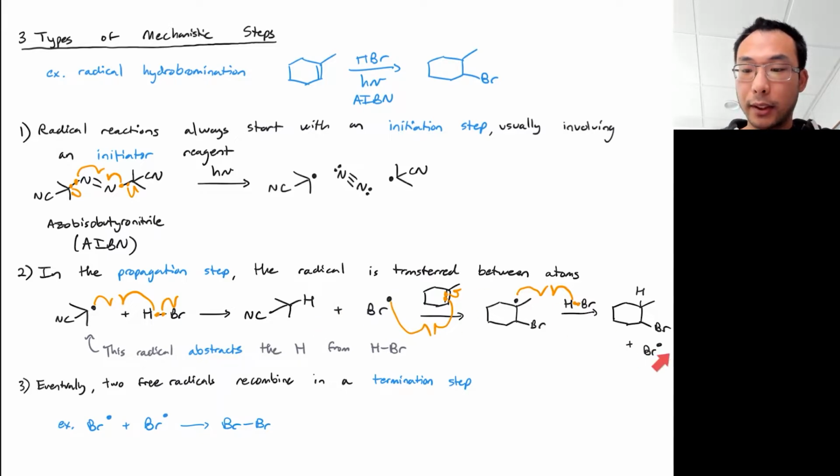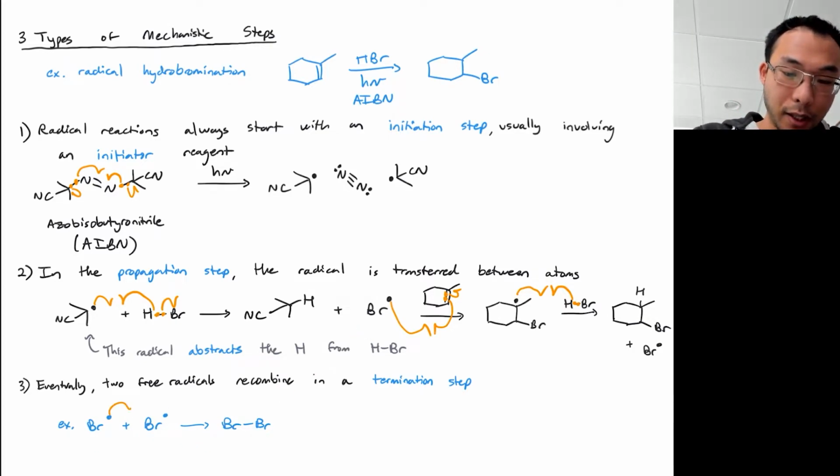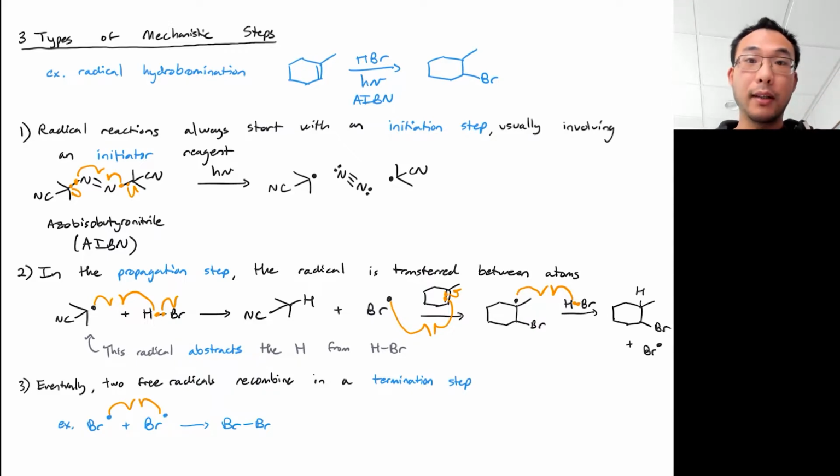As these reactions are proceeding, maybe one of the bromine radicals happens to run into a second bromine radical, and then, of course, the formation of a bond there would be overall a downhill reaction, lowering in energy and making bromine. And so then what we think of is that the lifetime of these radicals has ended because they've become paired again.